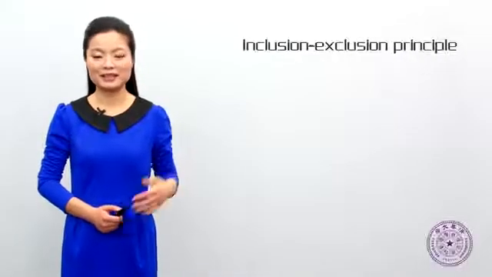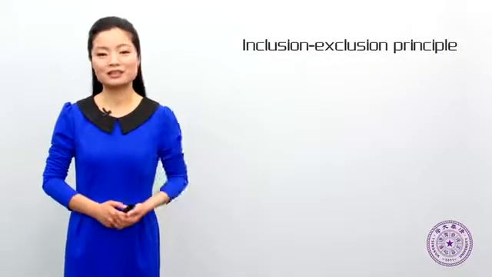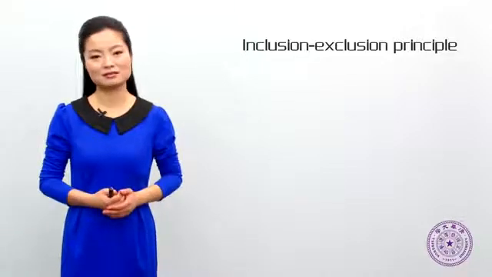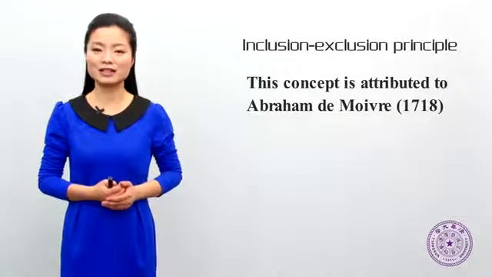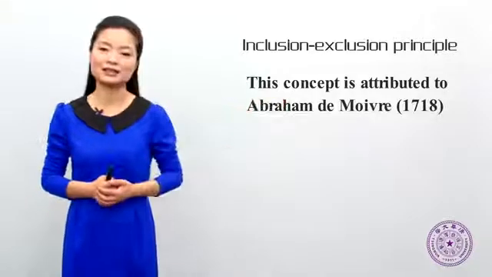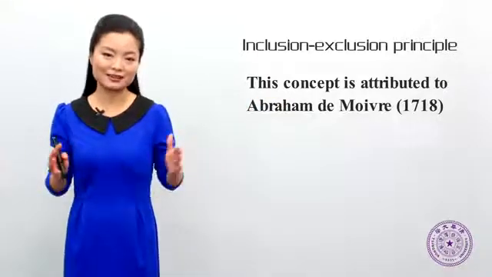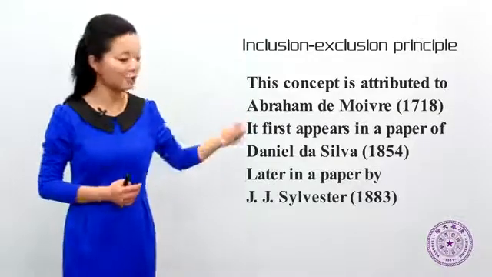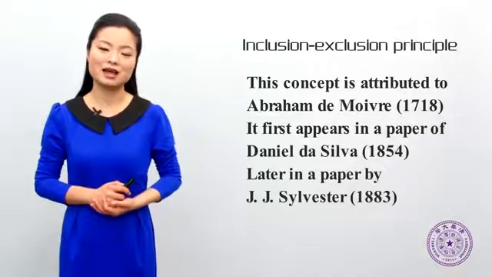We just gave a proof for IEP, and actually this theorem was discovered more than 300 years ago. It was first mentioned in the year 1718, but it was still just a concept at that time. Not until 1854 and 1883 did it appear in academic papers.